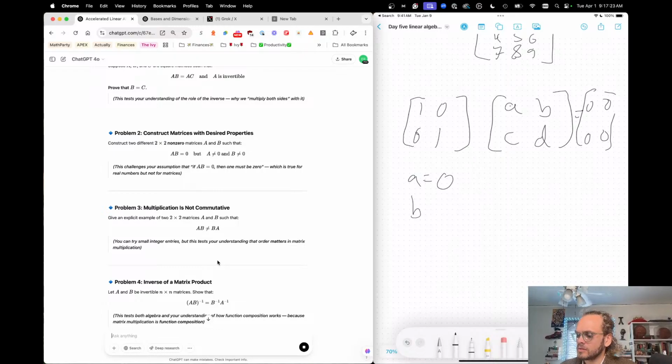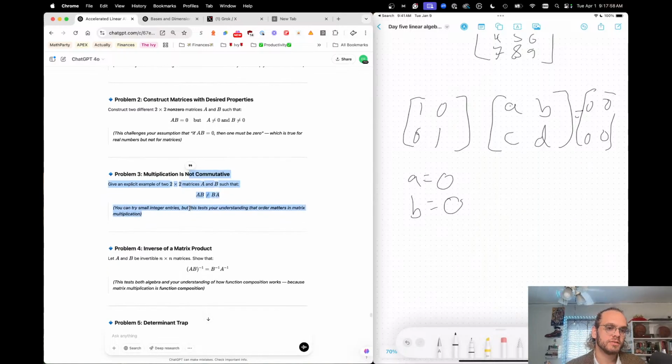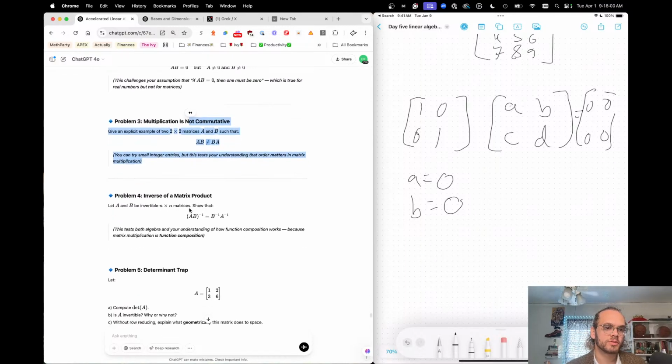B. 1 times B plus 0 times D. Yeah, B. I thought there'd be a way to make it work. Maybe 1001 was not the way to do it. Problem 3 is easy. Most matrices won't be invertible like that, won't be commutative.